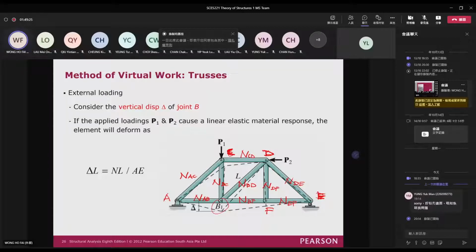So when you have the member force, then you can find the deformation of each member using this equation, NL over EA. Because when you have a structure under tension or compression, you will have the deformation, which is equal to delta L. And then the original length is equal to L. So the deformation is equal to NL over EA.